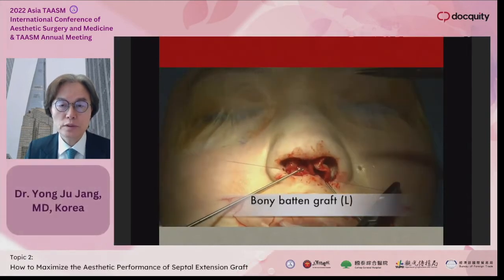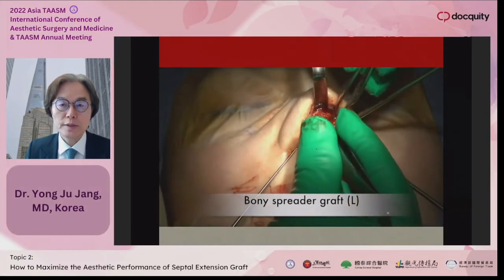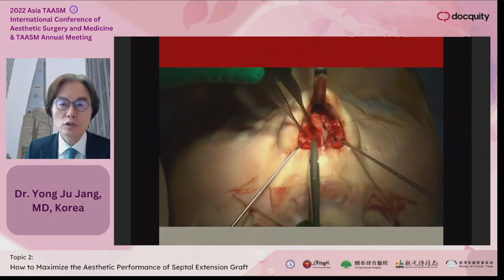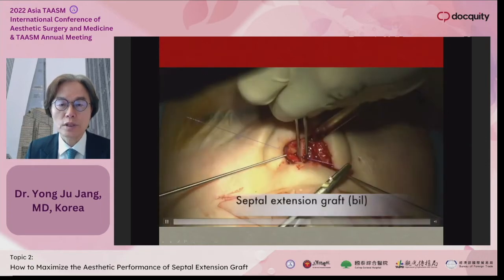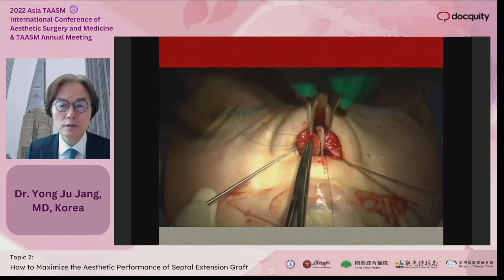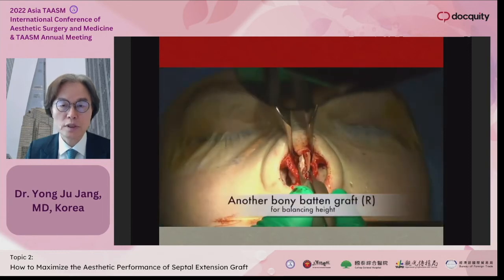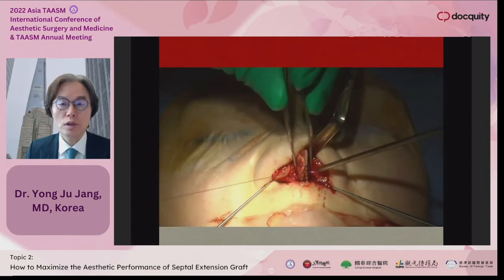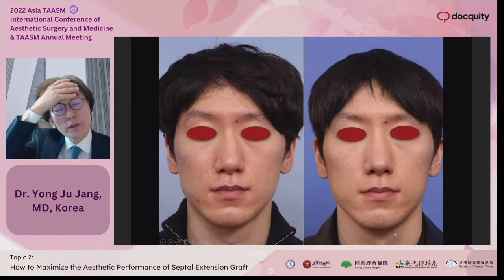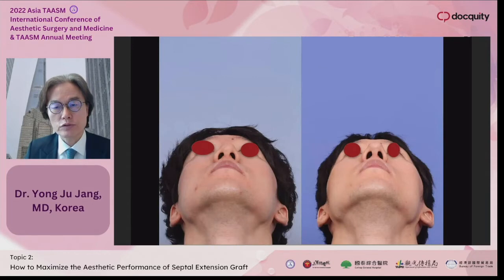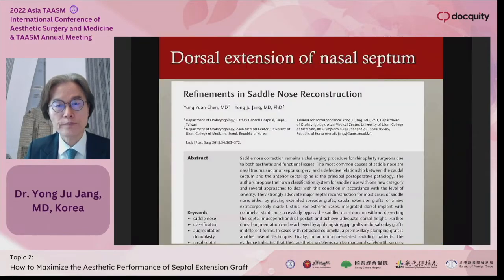In this patient, before placement of the septal extension graft, I placed a bony batten graft to reinforce the ulcer. And then I placed a bilateral septal extension graft. Then I can assure a stronger, more supported, more sustainable septal extension graft.